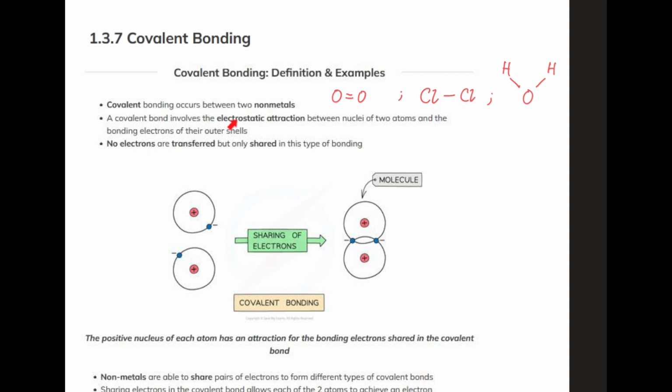You can see it in this way: the positive attracted to the negative attracted to the positive. So that is a covalent bond. No electrons are transferred, but only shared in this type of bonding. So in an ionic bond, they transfer electrons, but in a covalent bond, they share electrons.